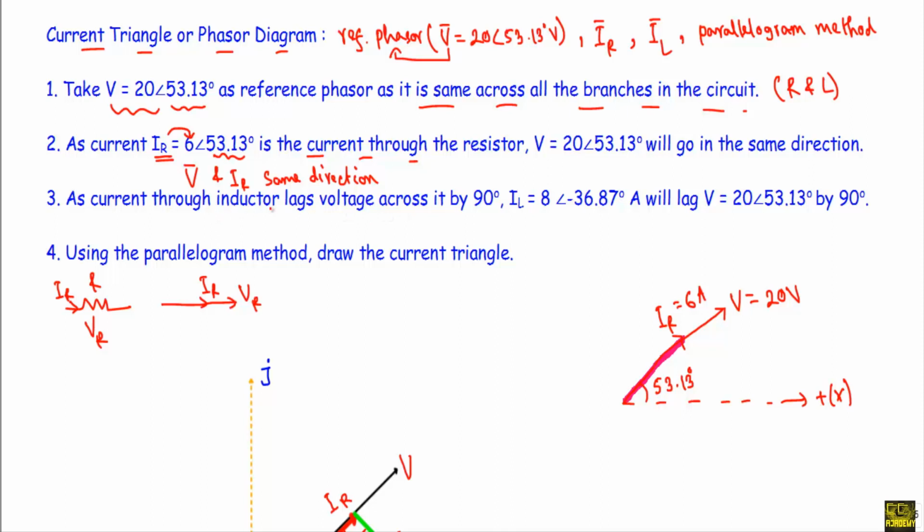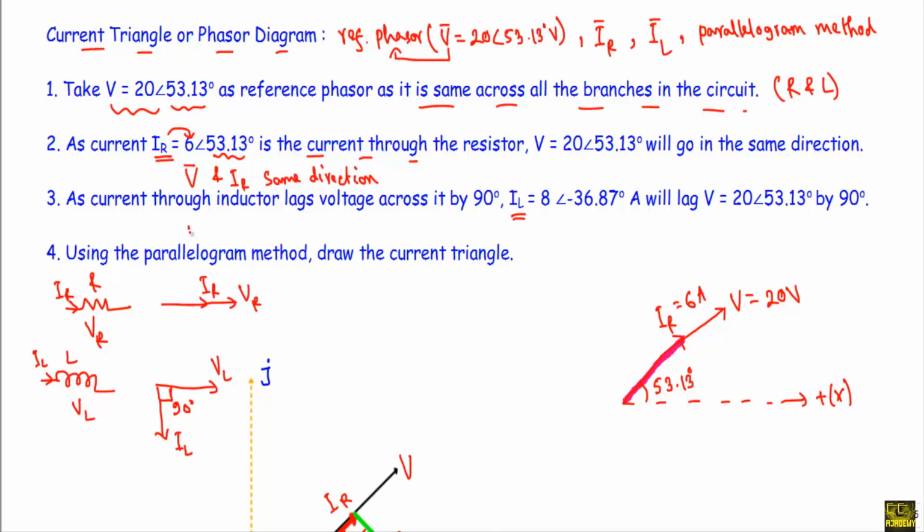After that we will draw the inductor current with respect to this V. In case of an inductor, if the current through the inductor is IL and the voltage across the inductor is VL, you will see the voltage across the inductor VL will lead the current through the inductor by an angle of 90 degree.